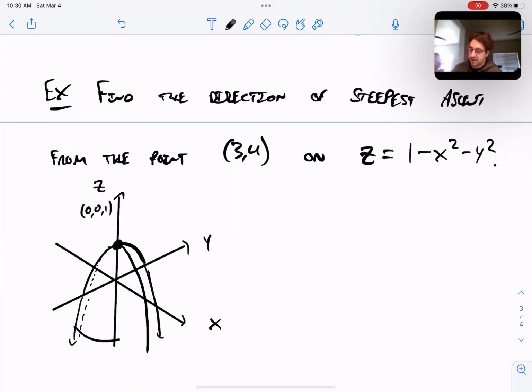And then the z cross sections are all disks. So that's our surface.